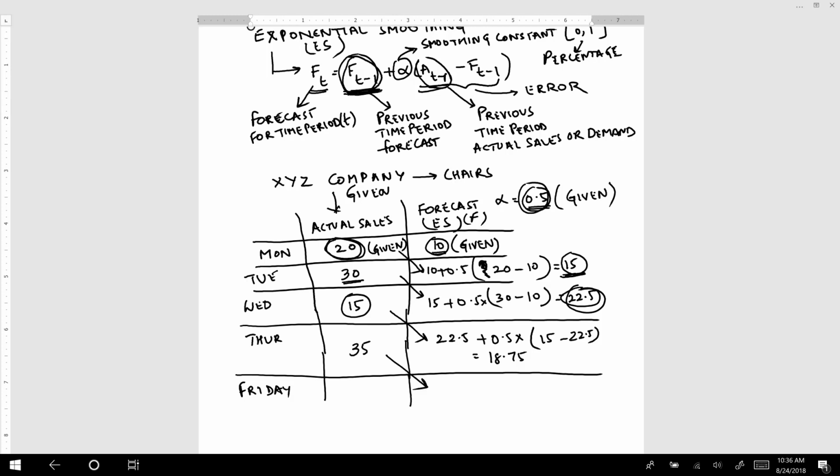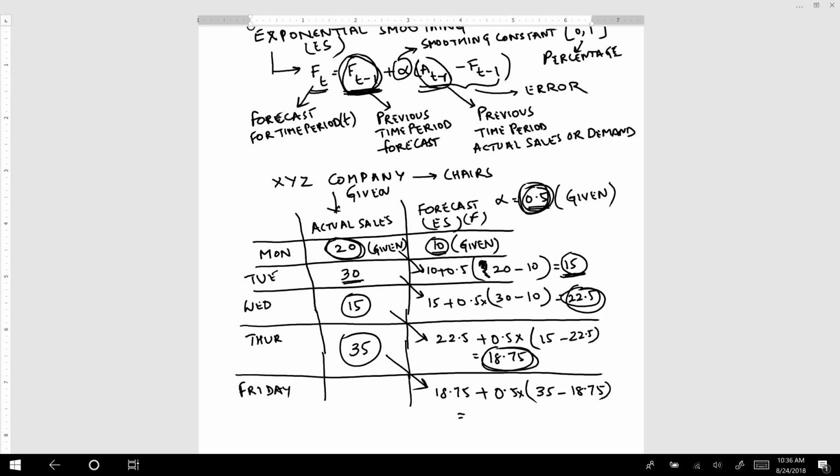So the forecast for Friday would be 18.75, which is the previous time period's forecast, plus alpha 0.5 multiplied by the actual sales of Thursday, 35, minus the forecasted value of Thursday, which is 18.75.